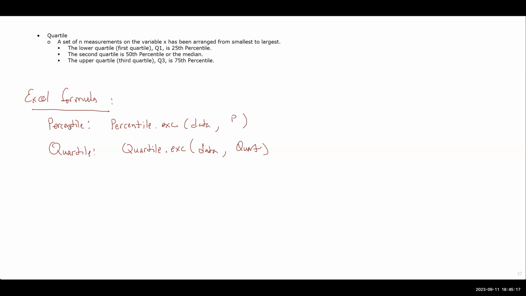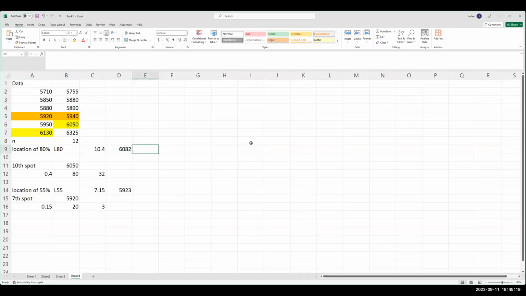Okay, so we put in the data. And let's say equals percentile.exc. Put in the data and put the 80th percentile, close parentheses. We got the same number. So you don't have to look for it using this location and 10.4 and all that.